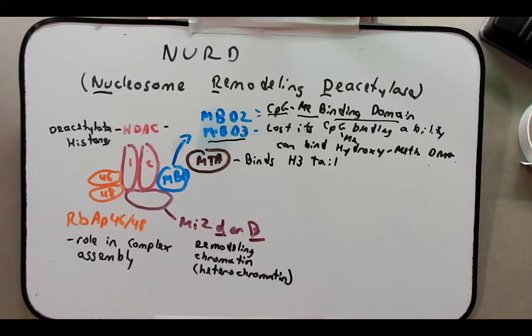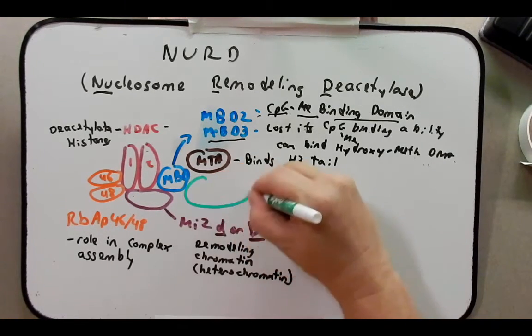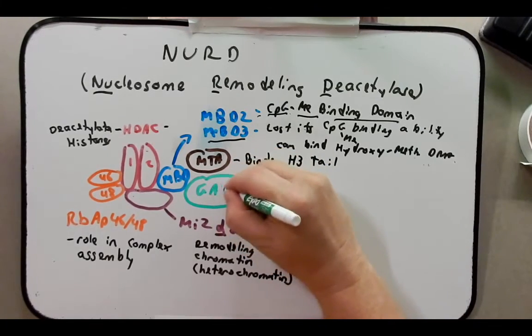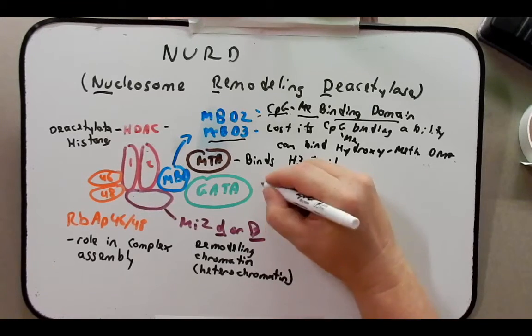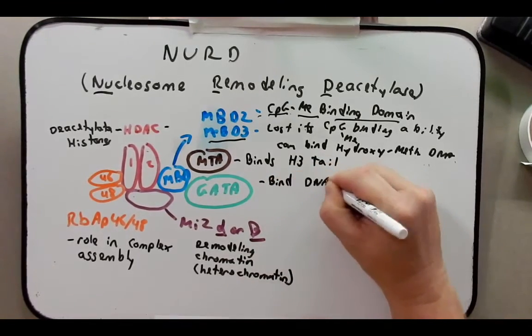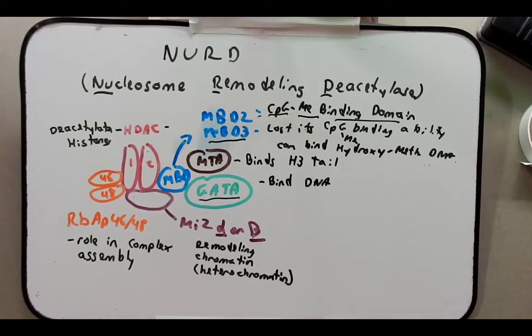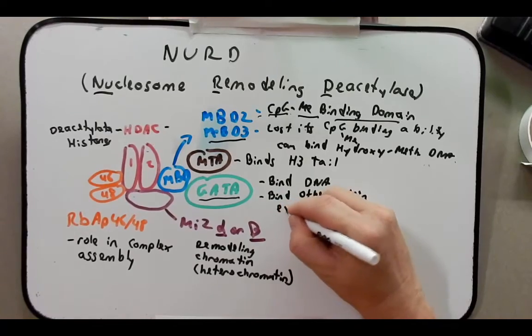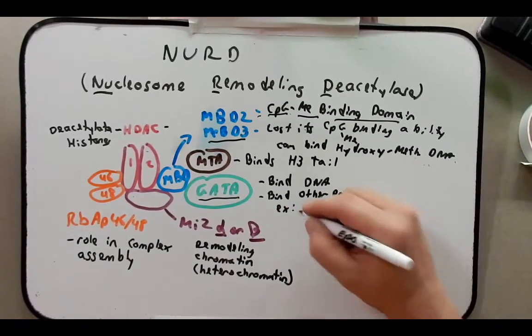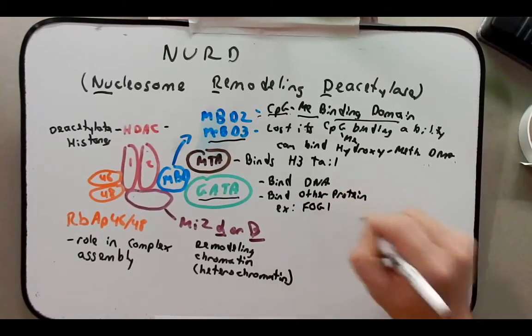Okay, we have one last one to bring into this big complex, and it's GATA, G-A-T-A. Now, GATA does a couple of things here. It can bind DNA at these repeats of GATAs. It can also bind other proteins. An example of another protein it can bind to is called FOG1.